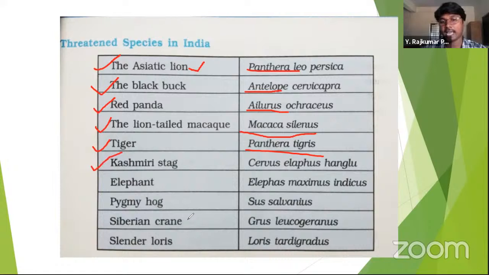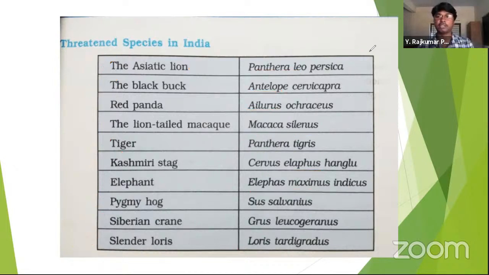Next, Kashmiri stag, Cervus elaphus, and next elephant, Elephas maximus indicus, pygmy hog, Siberian crane, and next slender loris. Loris is one of the mammals. So these are some of the threatened species which are protected by different in situ and ex situ conservation. Okay, let's see what we have learned so far.